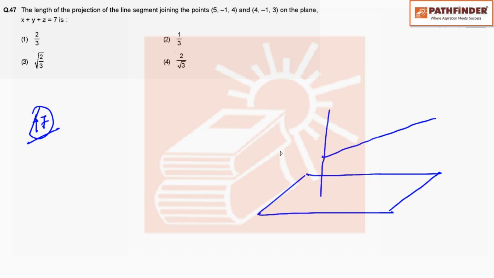A is, for example, 4 minus 1 3 and B is 5 minus 1 4. So we have to find out the projection of the line segment joining AB in the plane. The equation of the plane is x plus y plus z equal to 7.